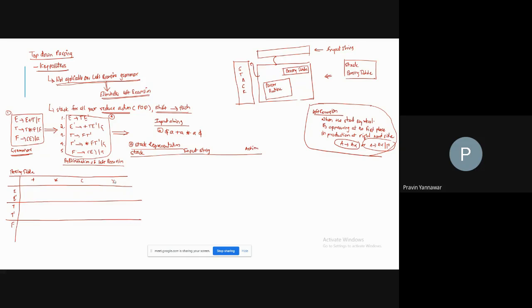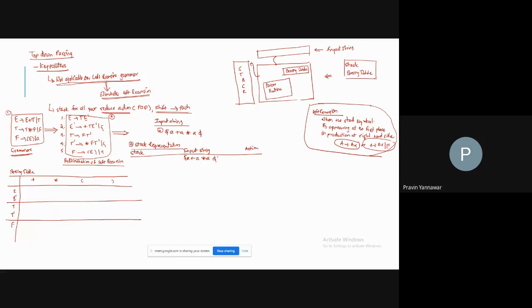Now in our example we have a plus a star a. Okay, so this is what is being done. Let us try to have an input string, $ a + a * a.